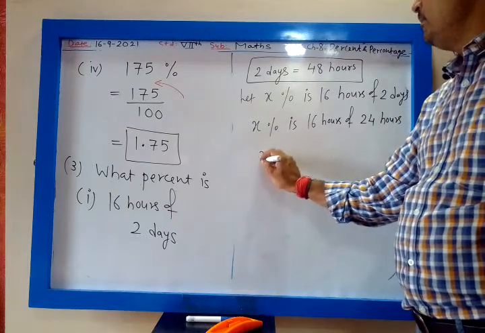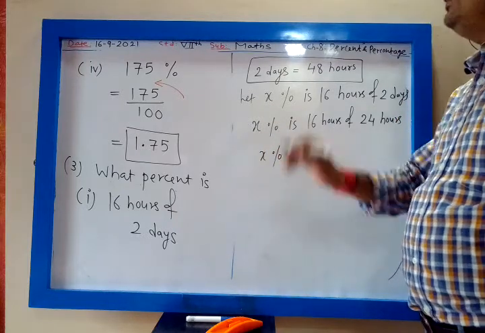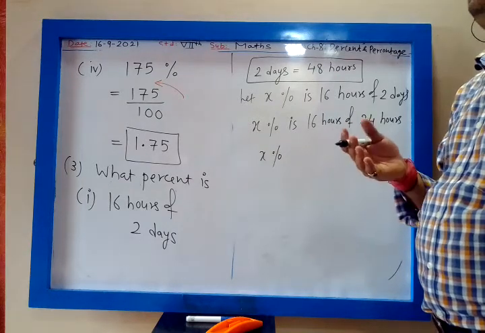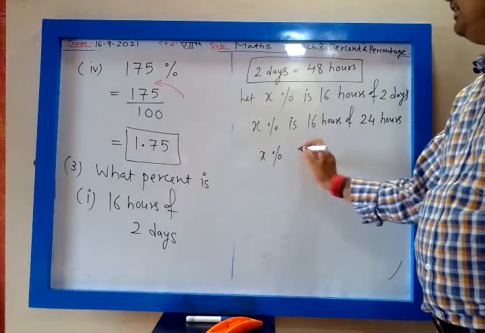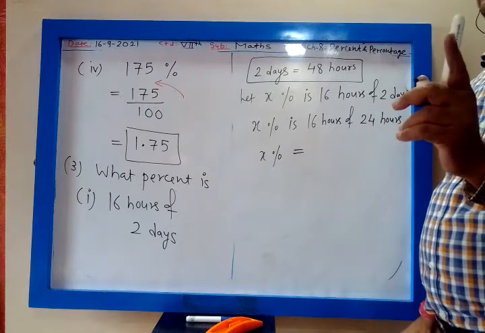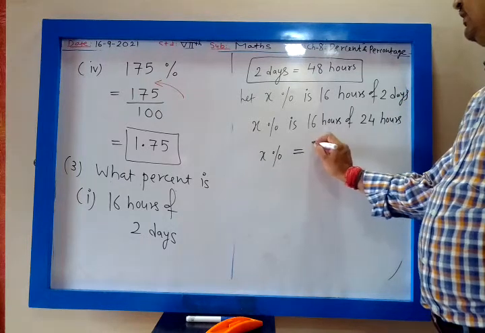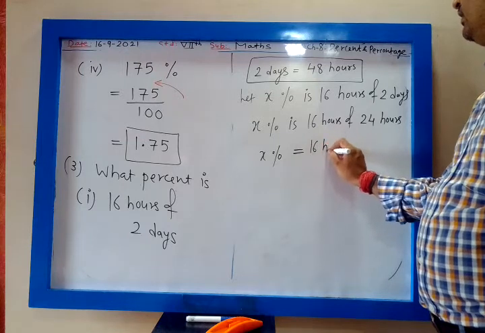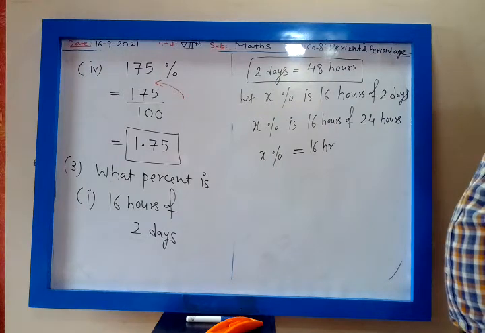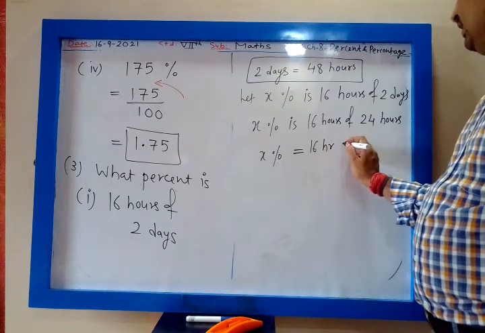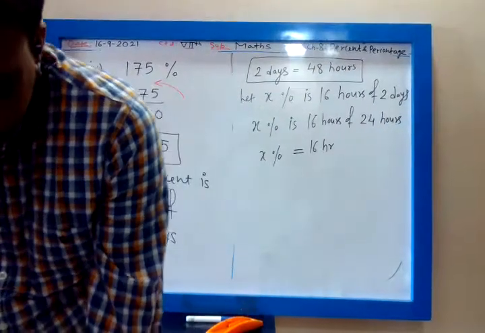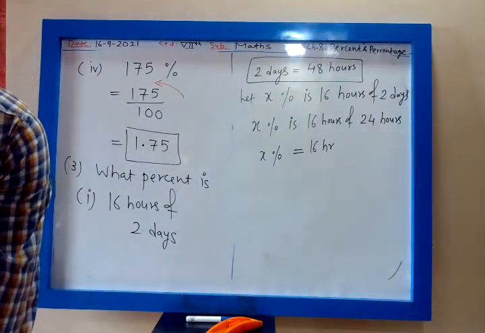X percent, what do you mean by is? In mathematics, is means equal to. And of means multiplication. 16 hours of 24 hours.